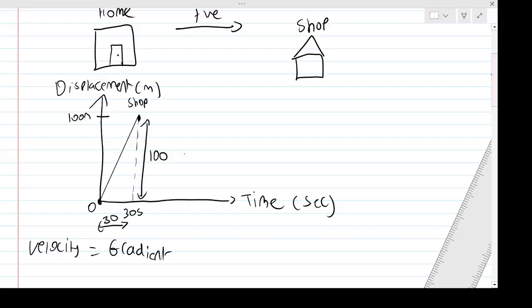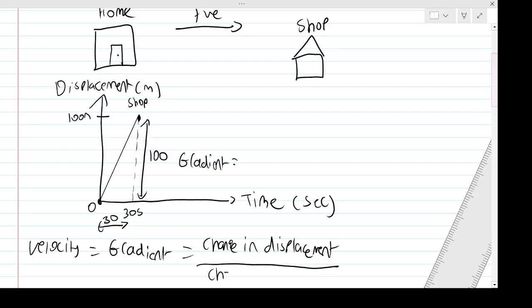Hence the gradient is going to be change in displacement over change in time. Pretty much the same idea as change in y over change in x in normal graphs.